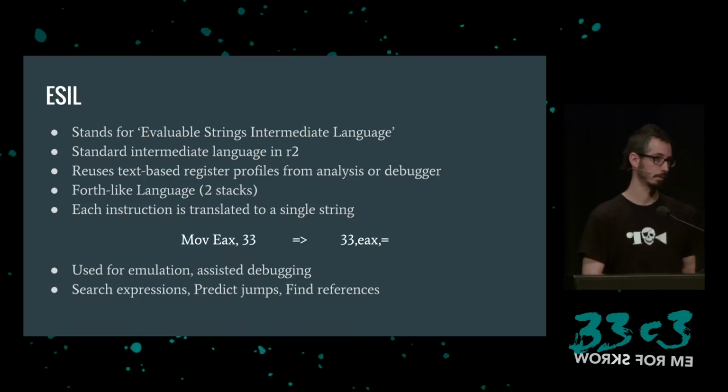So if you want to specify a specific string, like defining, I want to continue this execution until a specific register has a value that is in this range, or you want to identify if a specific jump is going to be executed or not, or find references, such expressions that are matching some memory.